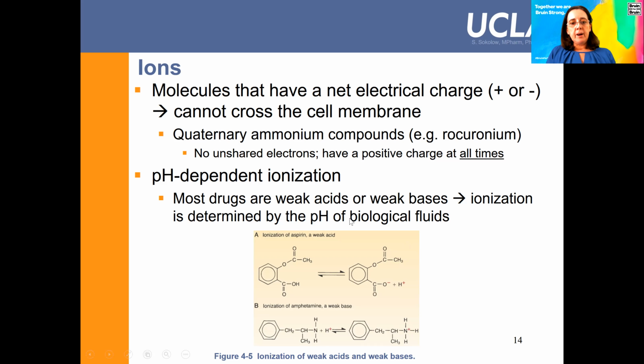So their ionization is going to be determined by the pH of the biological fluid. Biological fluid can be the pH in the stomach, the intestine, the plasma, the urine. All these are going to be different, and are therefore going to impact the absorption from one compartment to the other.